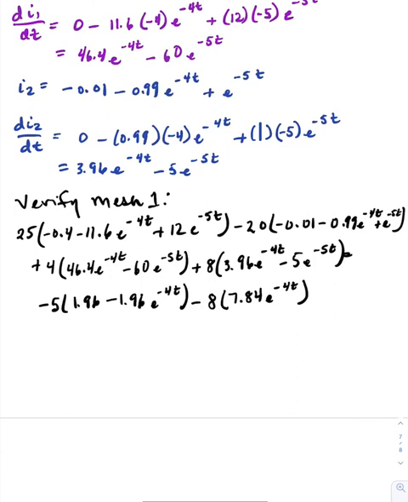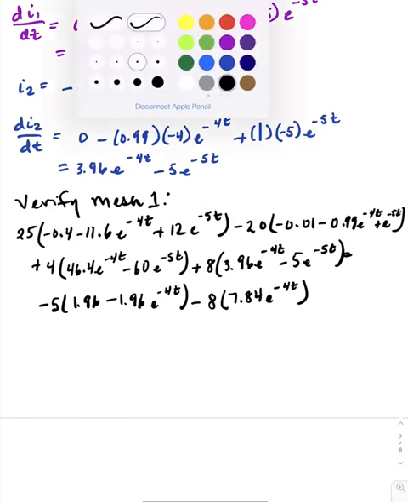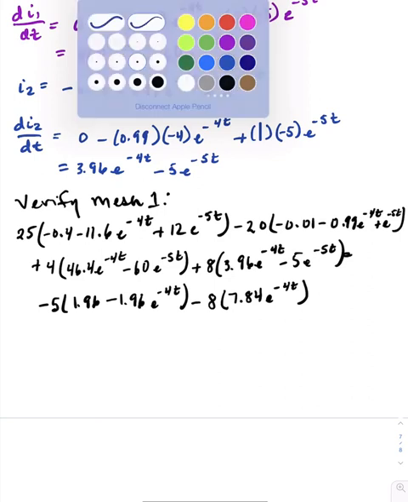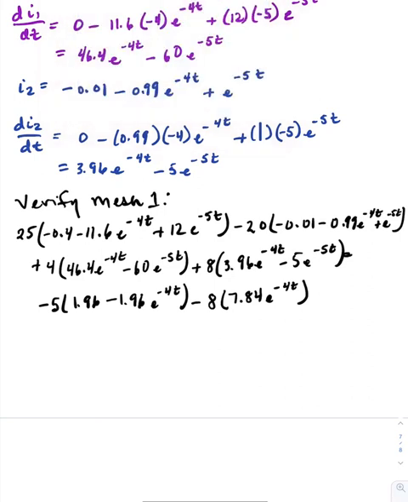All right, so I'm actually going to go back to the order that we had, but let's see. This will give us, I'm going to use another color just to make it easier to see.